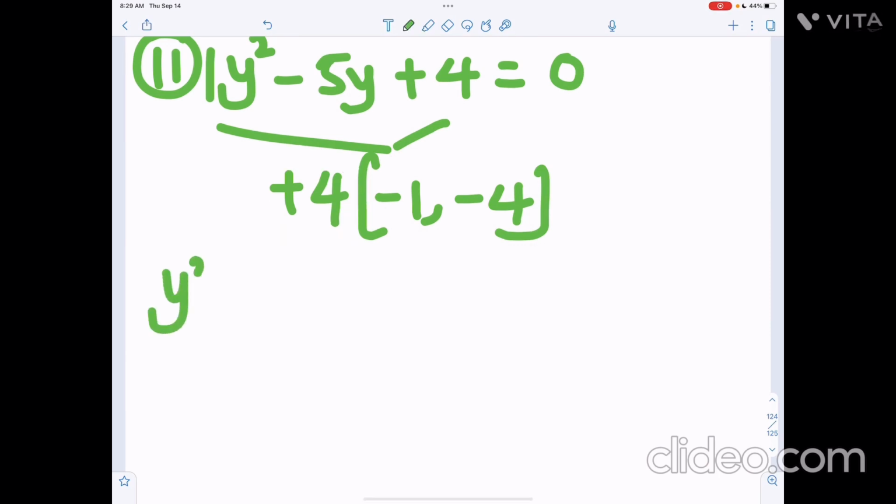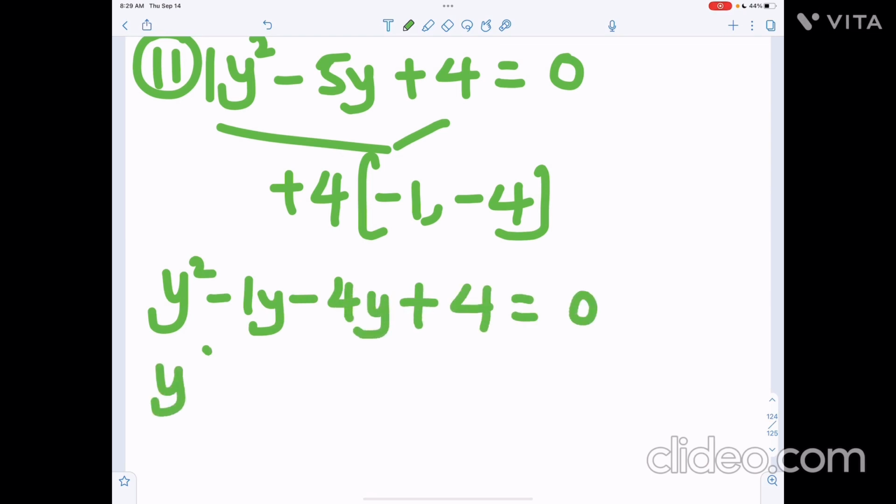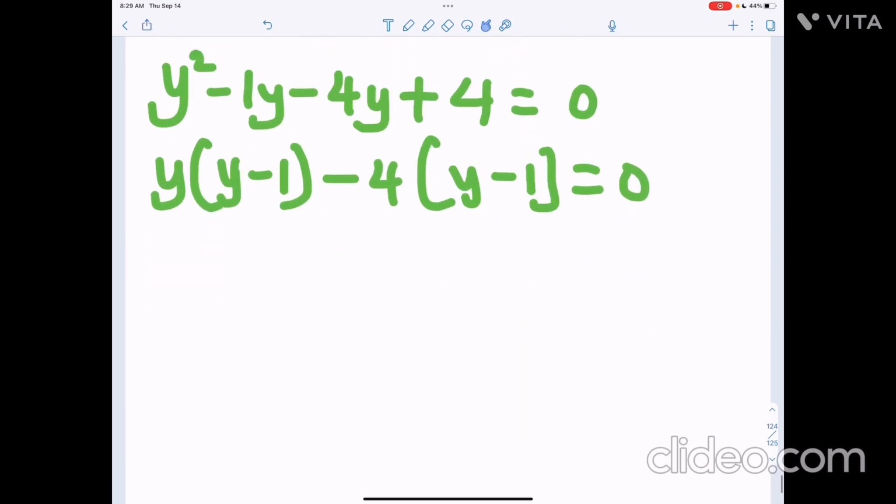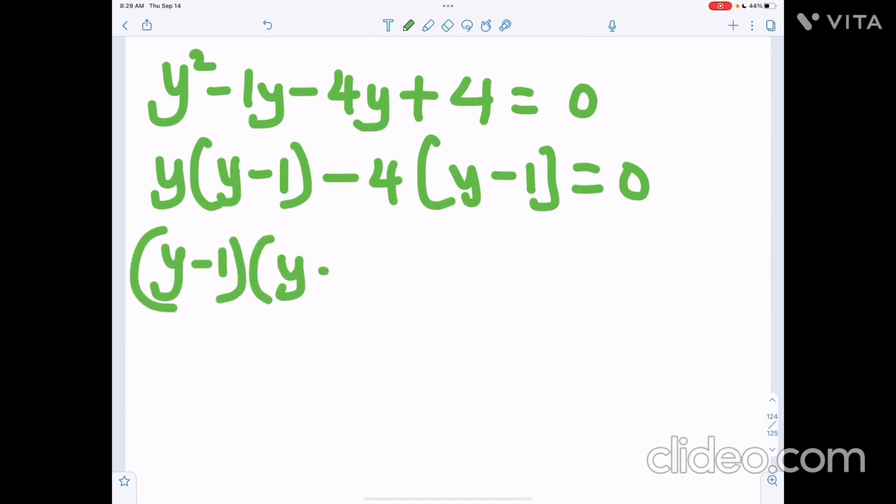So what does that give me? y squared minus 1y minus 4y plus 4 is 0. So y minus 1 times y minus 4 is 0.